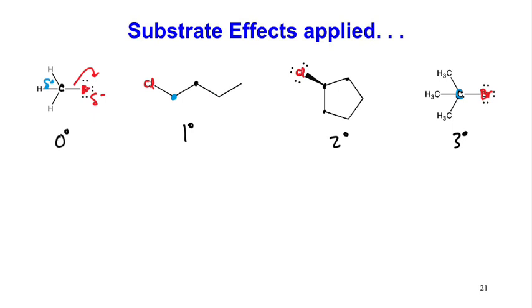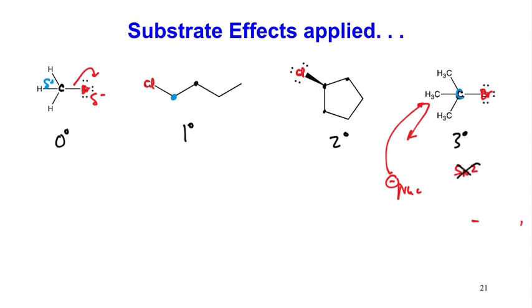Okay? A tertiary substrate has lots of carbons on the backbone. Those carbons, in comparison to a zero-ary, have a whole lot more electrons, which means if the nucleophile tries to come in, donating electrons, it sees those electrons, turns tail, and goes away. What does that mean?